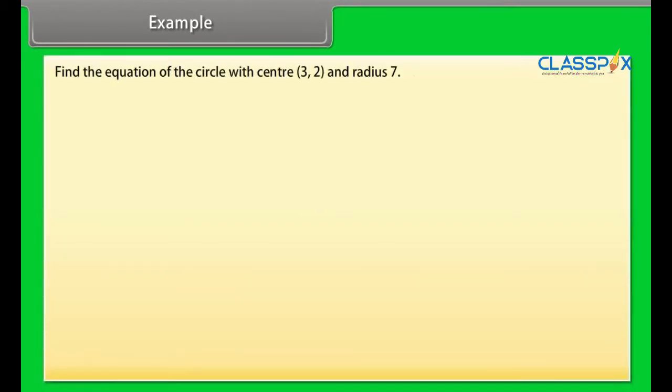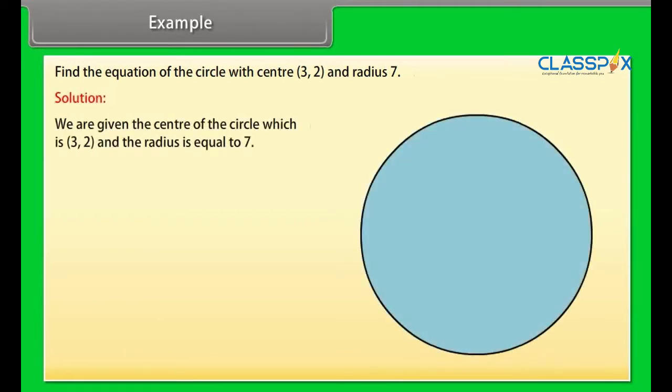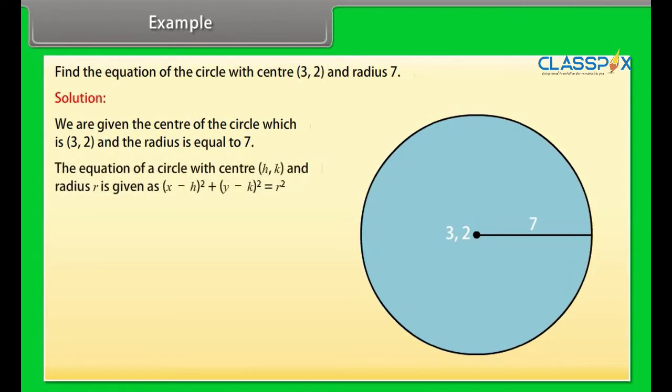Example. Find the equation of the circle with center (3, 2) and radius 7. Solution. We are given the center of the circle, which is (3, 2), and the radius is equal to 7. The equation of a circle with center (h, k) and radius r is given as (x - h)^2 + (y - k)^2 = r^2. Here h and k are equal to 3 and 2, and radius r is equal to 7.